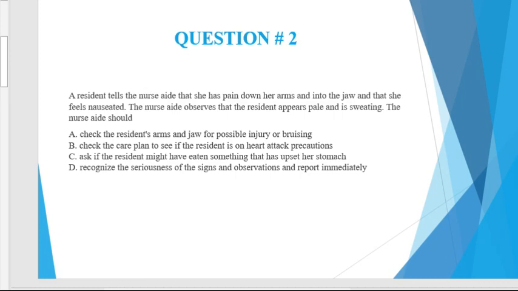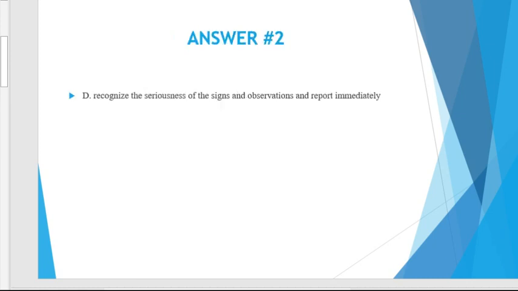Checking the arm and the jaw is the nurse's responsibility, which is part of the assessment. The time the patient tells you, I'm having pain in my arms and jaw, you need to report to the nurse immediately. Now the nurse will come and do the patient assessment. I hope you got this all right.